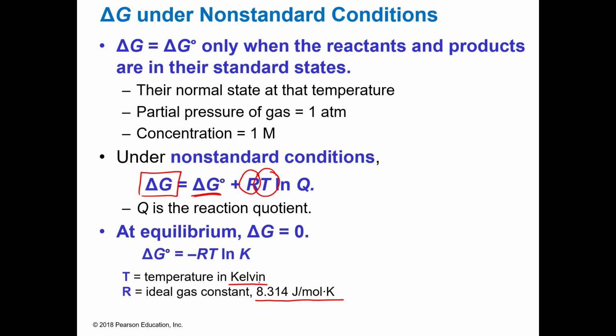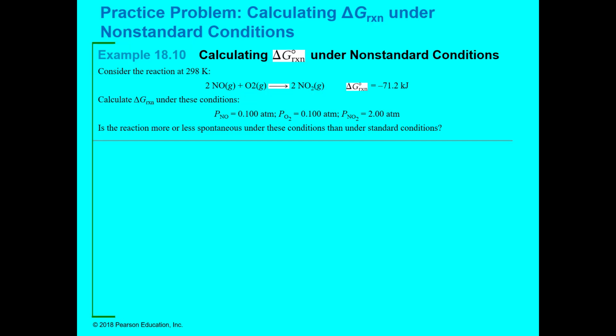And so we're correcting for any changes that are outside the standard that we base our tables on, because if we get outside that, then the values are going to be different. So our formula that we're going to be using is the delta G of the reaction, notice no 0, is equal to the delta G0 of the reaction.